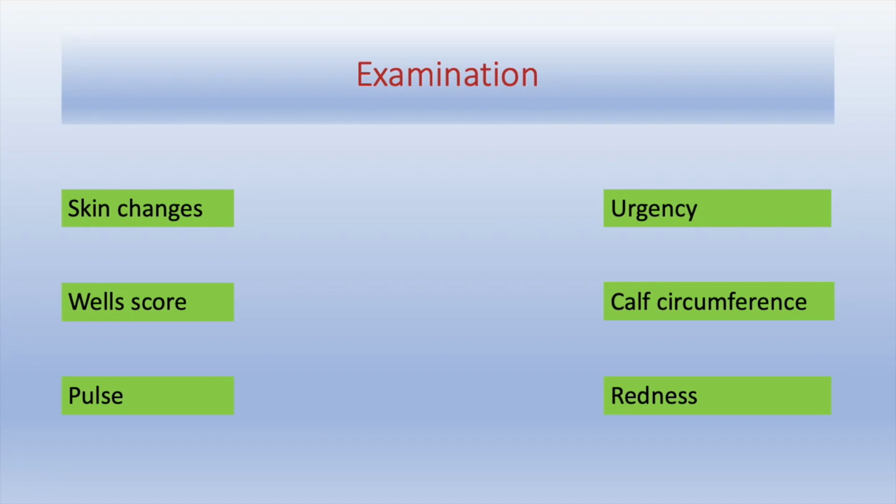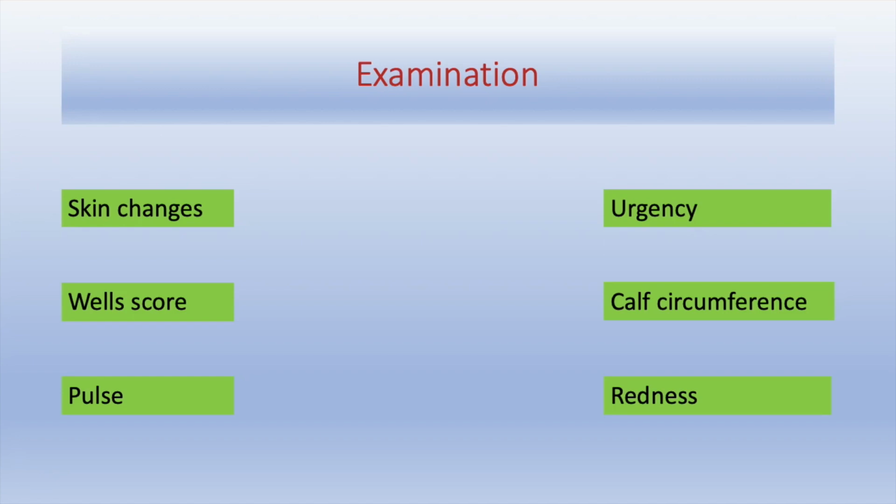If you are competent to do pulses, check their pulses, particularly the posterior tibial pulse and the dorsalis pedis in the lower limb, and in the upper limb, the radial and ulnar pulses.